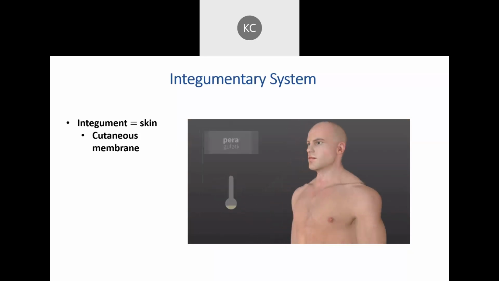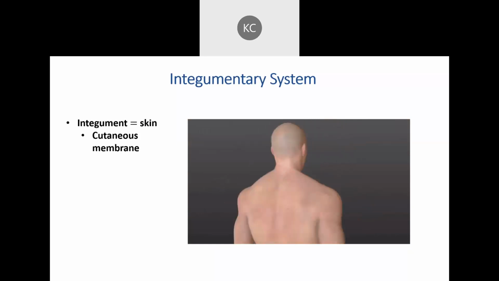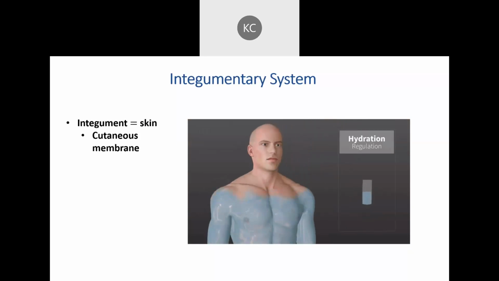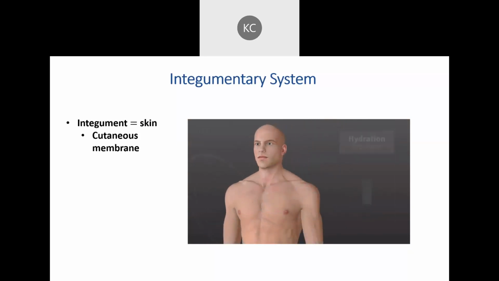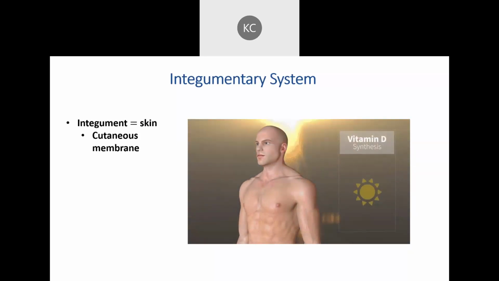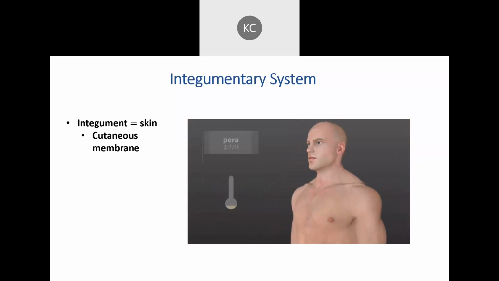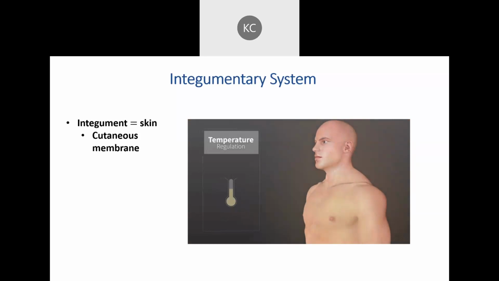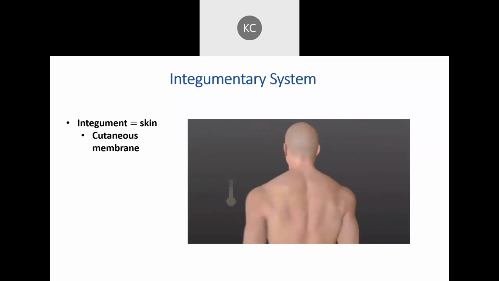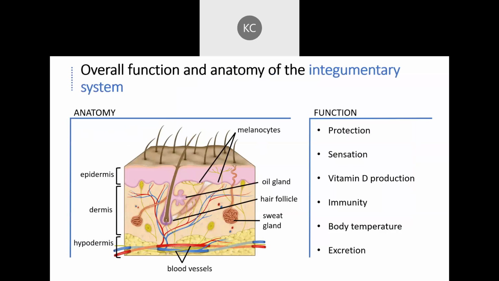We're able to detect and then ultimately perceive touch, pressure, vibration, pain, temperature and all these different stimuli due to the presence of sensory receptors embedded within our skin. Some are embedded more superficially in our skin, and some are embedded a little bit deeper in our skin.